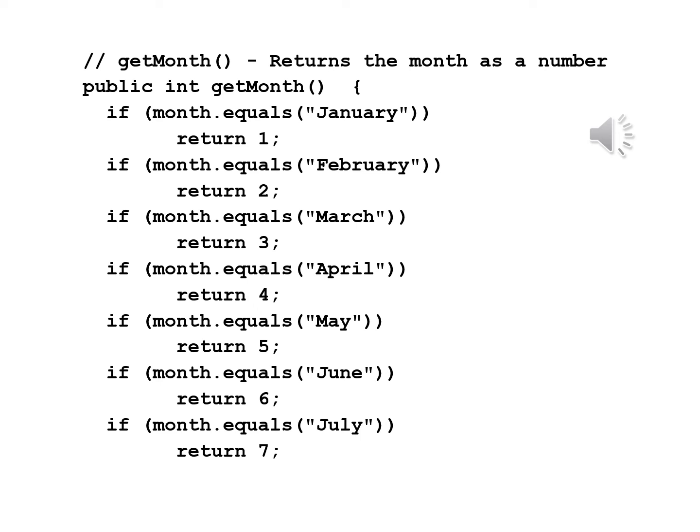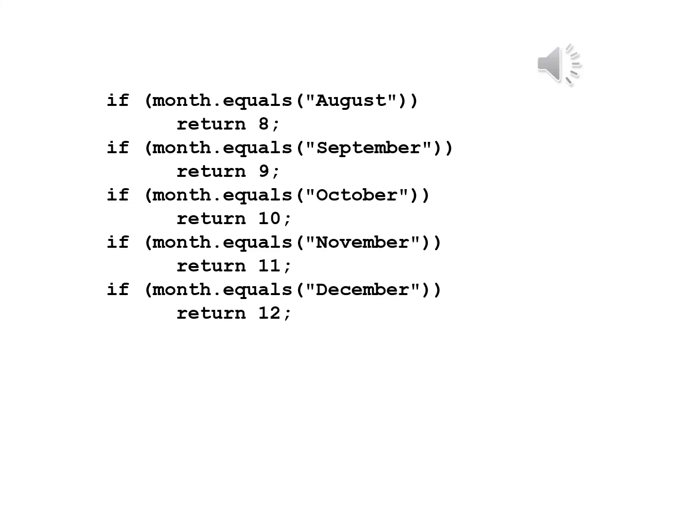If month equals July, return 7. If month equals August, return 8. If month equals September, return 9. If month equals October, return 10. If month equals November, return 11. If month equals December, return 12.